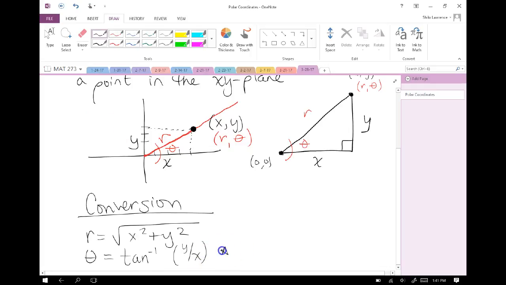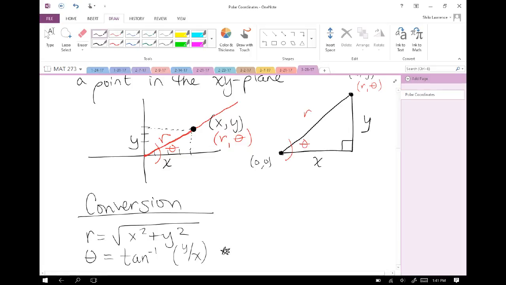You need to be careful, though, and I try to remind you this every single time, you need to be really careful about what quadrant that point is in, because your calculator doesn't always give you back the correct answer for tan inverse. The calculator uses quadrant 1 for positive values and quadrant 4 for negative values. The calculator won't ever give you back a quadrant 2 or quadrant 3 answer.